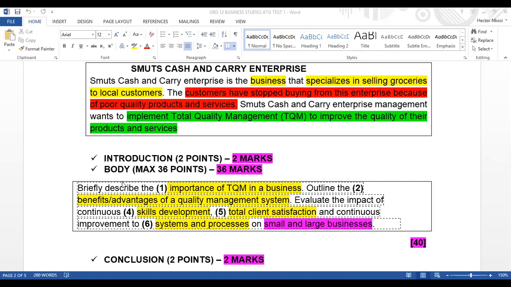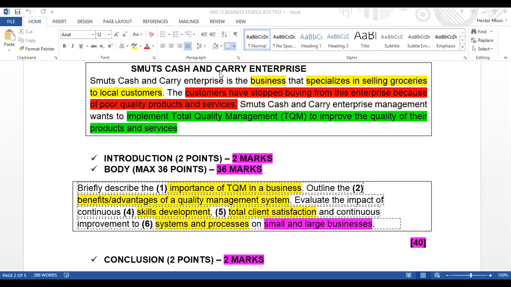Here I did the breakout: the intro, body and conclusion, and I showed you how to answer your intro, how to structure your body and how to structure your conclusion. We looked at this structure day before yesterday. However, today I want us to go into detail to explain these concepts that are needed in this essay.